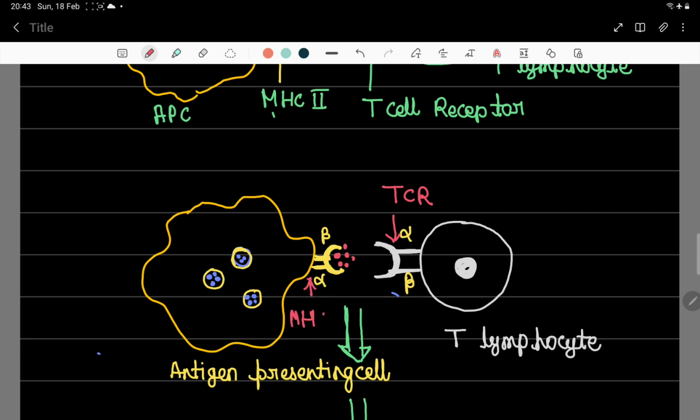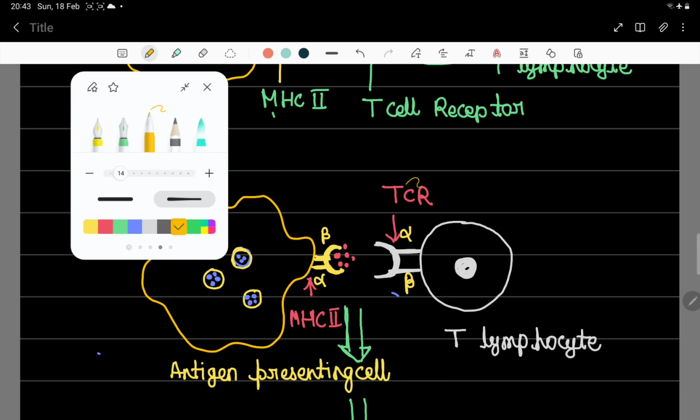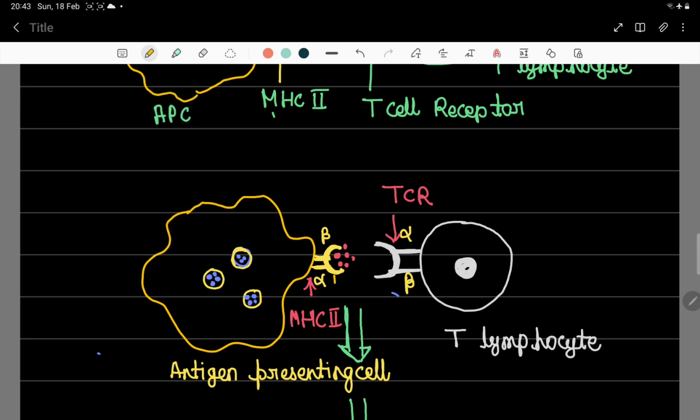So by MHC second, the antigen presenting cell is presenting to the T lymphocyte. Meanwhile, one superantigen will come, and it will bind with MHC second and T cell receptor both. It will bind with the alpha subunit of MHC second and the beta subunit of the T cell receptor.